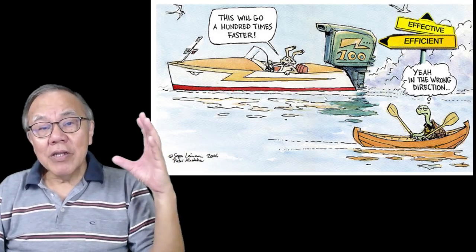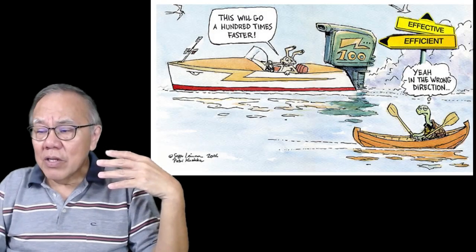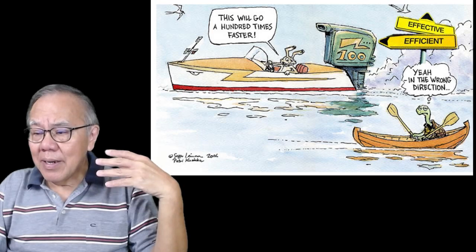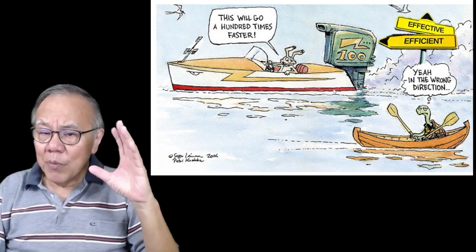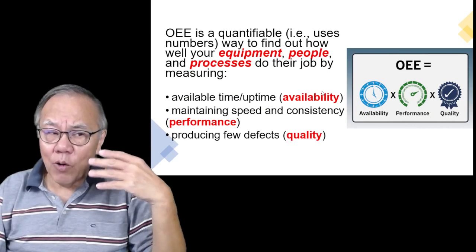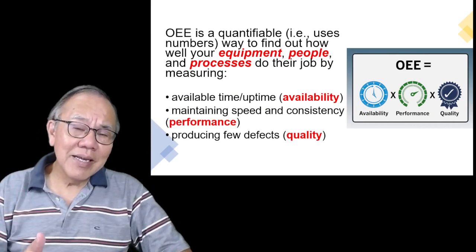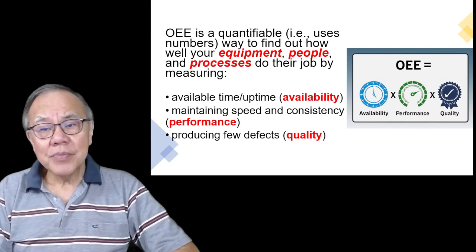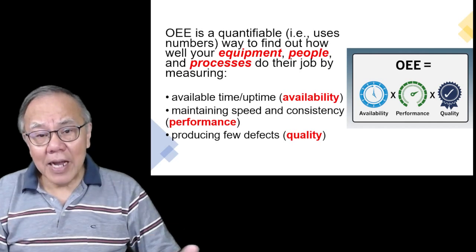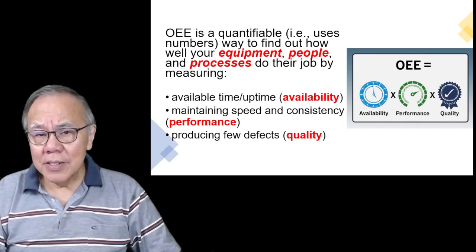So in order for us to have increased asset life, one of the measurements is OEE. OEE will tell us whether your equipment is effectively improving. So for a given time, it can produce more.